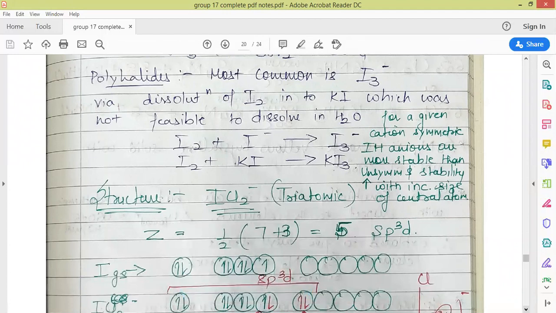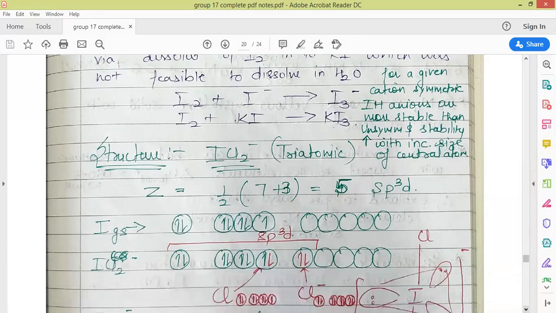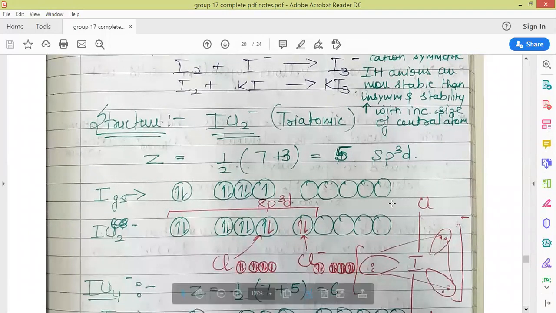We'll be discussing the structures of a few interhalogen anions. The first one is ICl2 negative. Here we can calculate the value of Z, which is half multiplied by the number of valence electrons present in the central element, that is iodine, where valence electron is 7, plus 2, plus 1 for the negative charge, minus any positive charge.